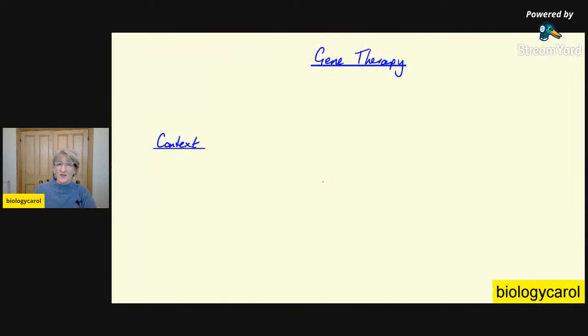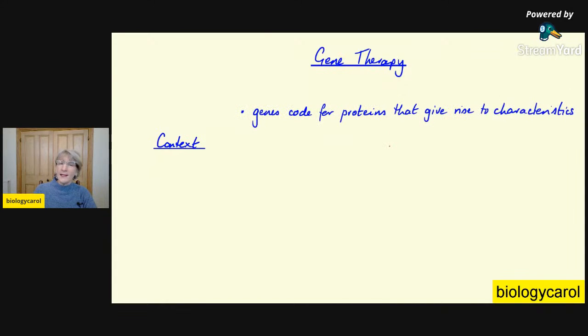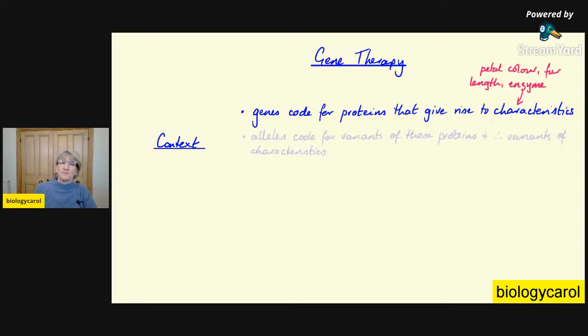So, a little bit of context first of all. Not surprisingly, to understand gene therapy, you need to understand genes. So really quickly, I'm going to remind you that genes code for proteins, and those proteins give rise to certain characteristics in organisms. For example, we could be talking about petal color in flowers, fur length in polar bears, or whether somebody has or doesn't have an enzyme working in their body, or indeed how active that enzyme is.